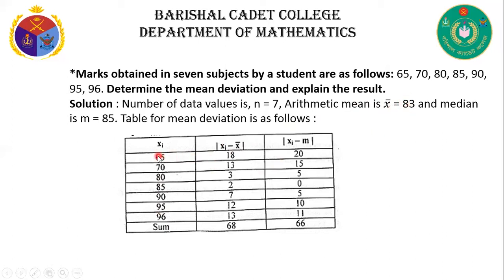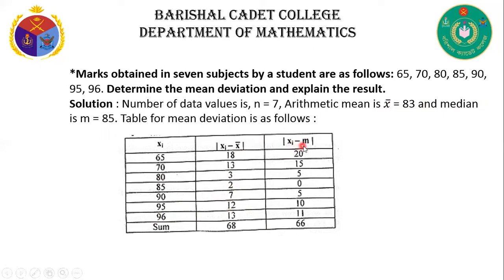Now 83 minus 65 is equal to 18. Now 83 minus 70, that means 13. 83 minus 80, that means 3. 83 minus 85, that means 2. In the same way, for the given data we get 7, 12, 13. That means 96 minus 83, that means 13.